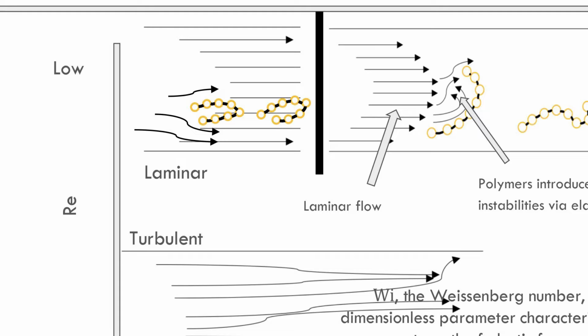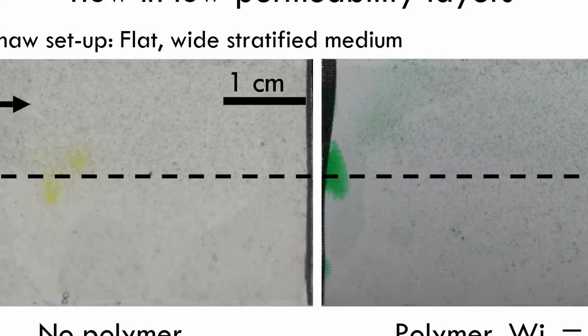At low Weissenberg number, we still have laminar flow because the flow is low enough that polymers are coiled, and they don't add anything to the flow, whereas at high Weissenberg numbers, past the threshold of about 2.7, the polymers uncoil and they enable flow streams to collide because of their elasticity. They can bend and stretch, and that causes flow instabilities that lead to elastic turbulence.